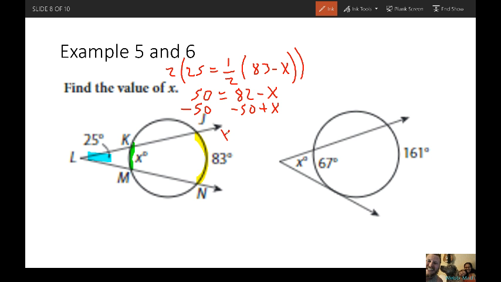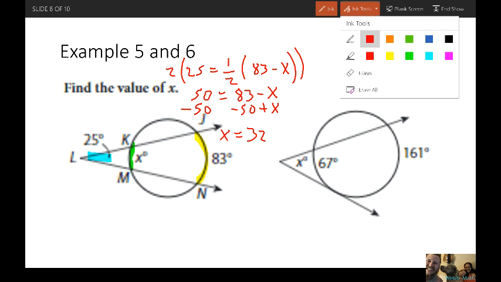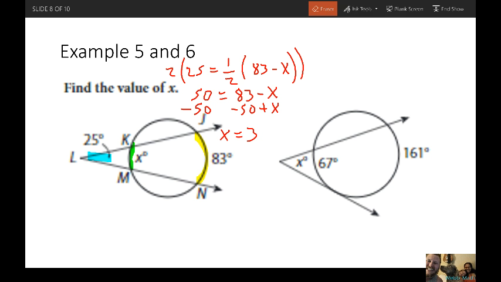So I'll have x equals 32. 32 what? 32 degrees. Oh, Mr. Webb made a little tiny mistake. It's not 82, Mr. Webb, it's 83. He's losing his mind, I think. Who knows? All right, there we go. 33 degrees. So we use that formula to figure it out.